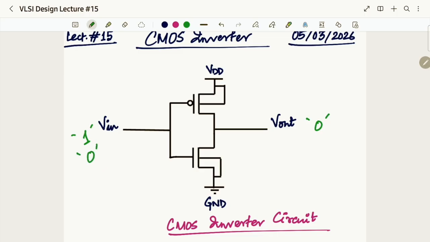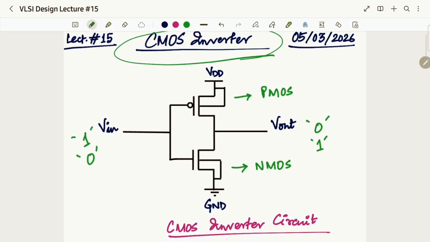If I am providing the input as logic 0, then the output will be logic 1. And this is the circuit. And we know from our analog lab, that is the Virtuoso, that this is the NMOS at the bottom, and this is our PMOS at the top, and together we know that the name is CMOS inverter.